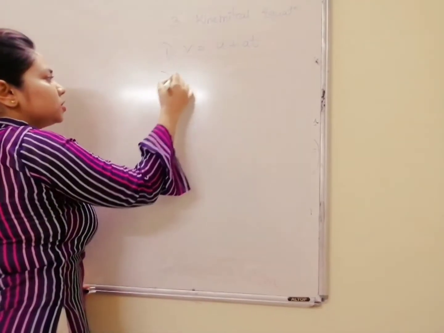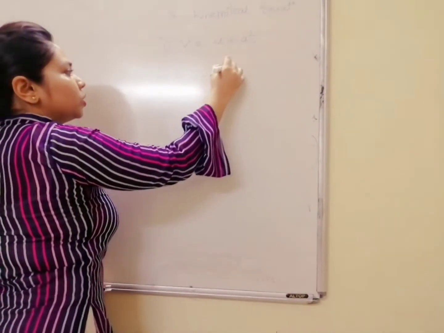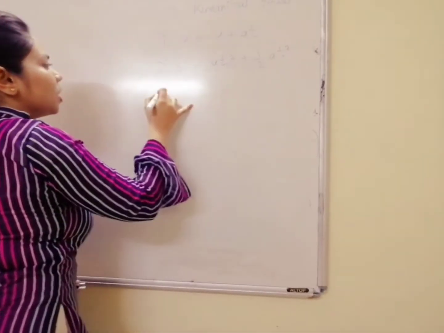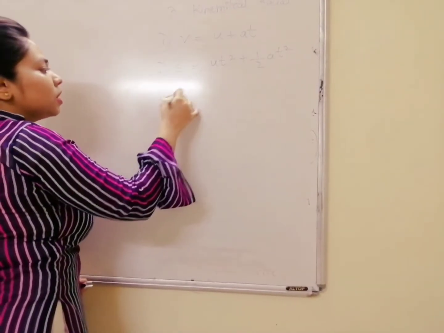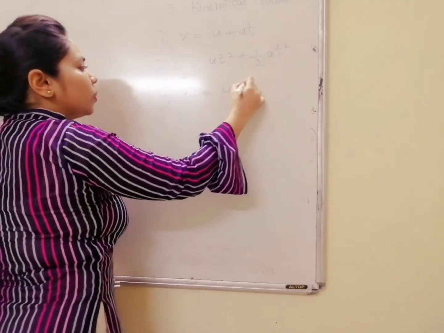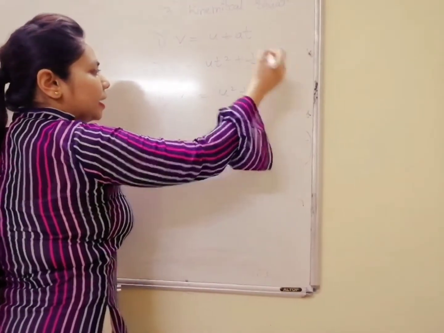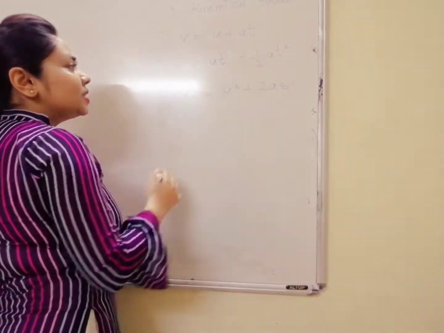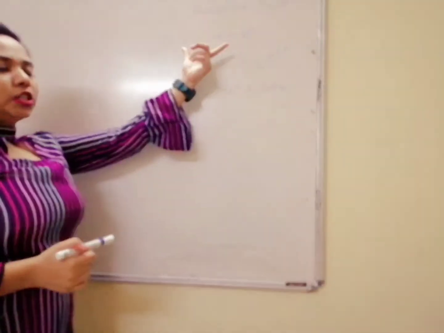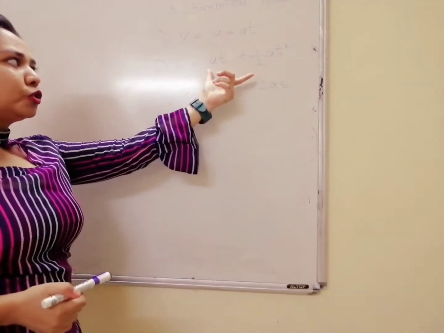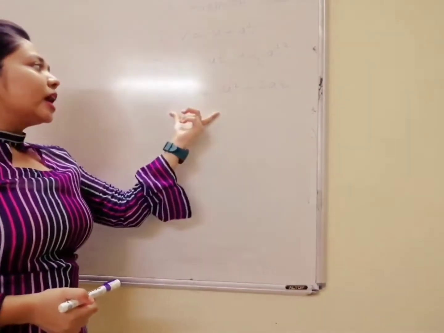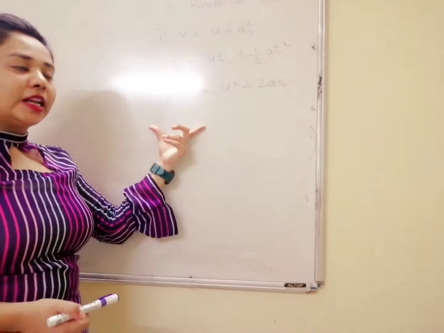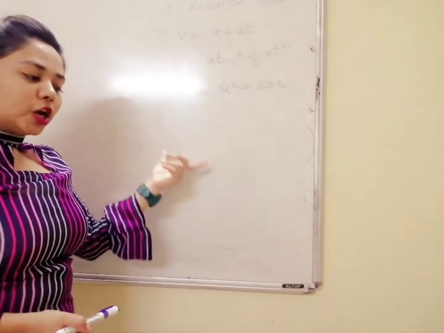The next one was s is equal to ut plus half at square. And the third one was v square is equal to u square plus 2as. We drew the graph and derived these 3 kinematical equations.